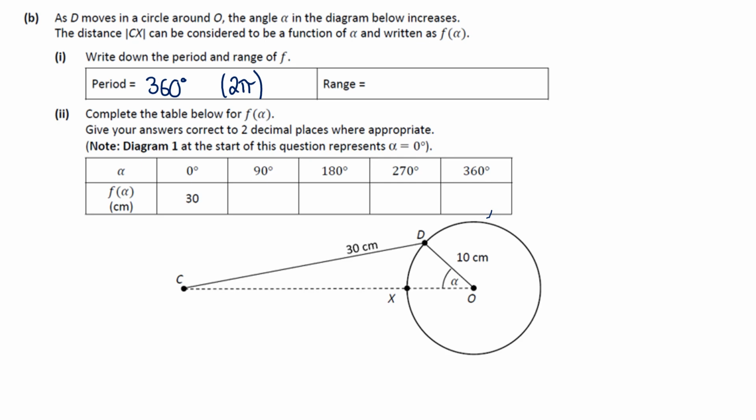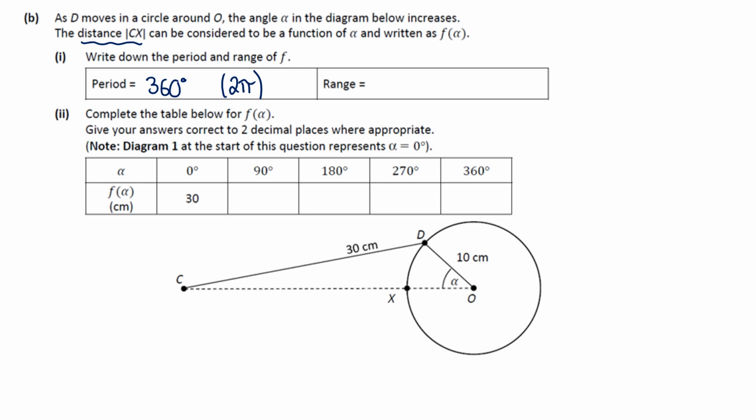So then the range. The range is the function itself, so that is the distance CX. Look at that distance CX, C to the end of the circle. The longest it will be is where D is at X and it's the full rod. So the biggest is going to be 30, are we in centimeters here?